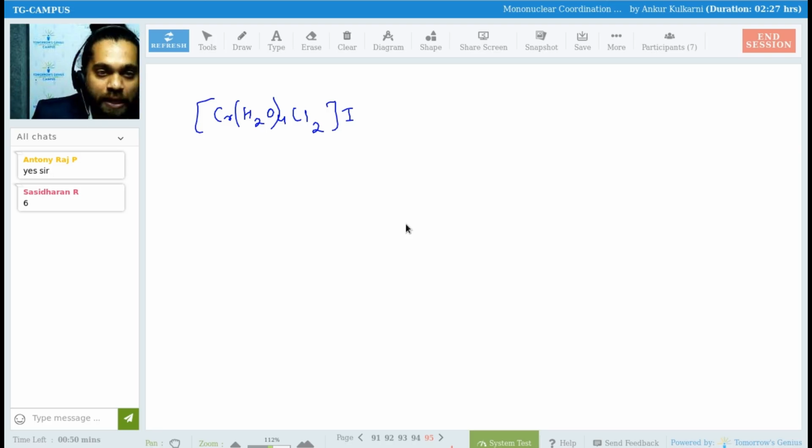I know my handwriting is not that good. But this is not 2, this is 4, no? Sasidharan, it is not Apua.